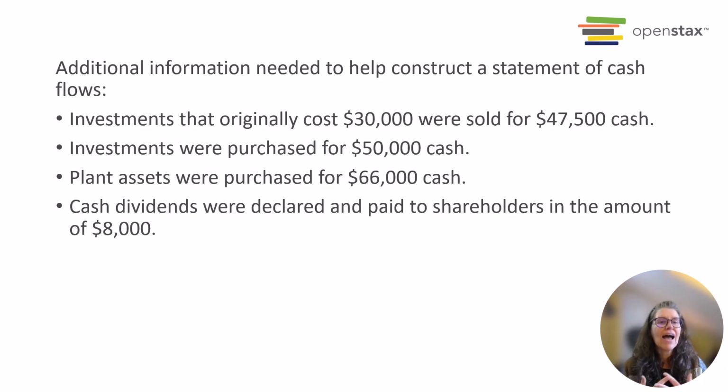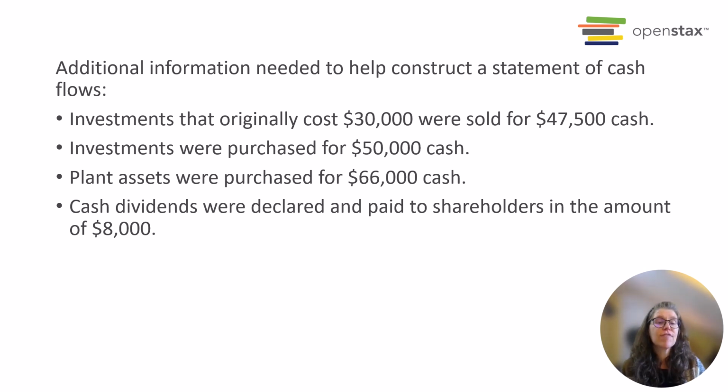And then I have gone out and gathered up the additional information that I need to construct the statement of cash flows. So investments that originally cost $30,000 were sold for proceeds of $47,500 in cash.